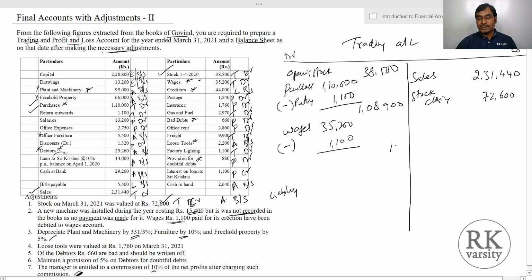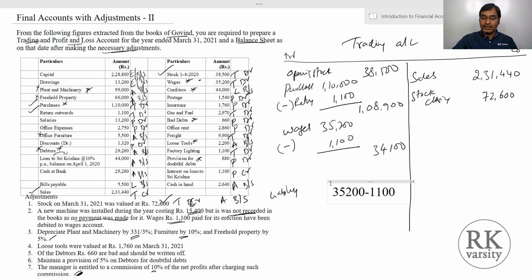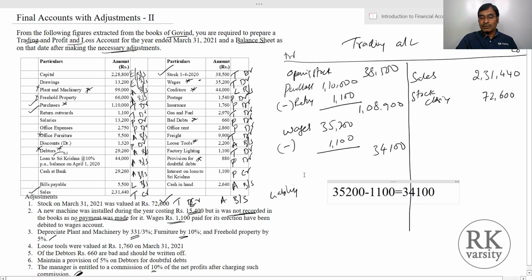Let me check: 35,200 minus 1,100 gives 34,100 as the wages. So we entered the wages and made the adjustment here also.